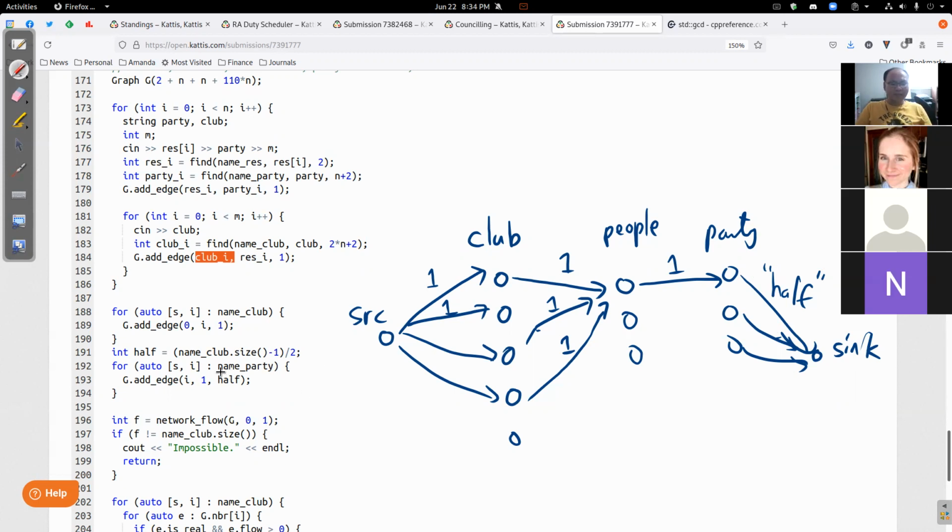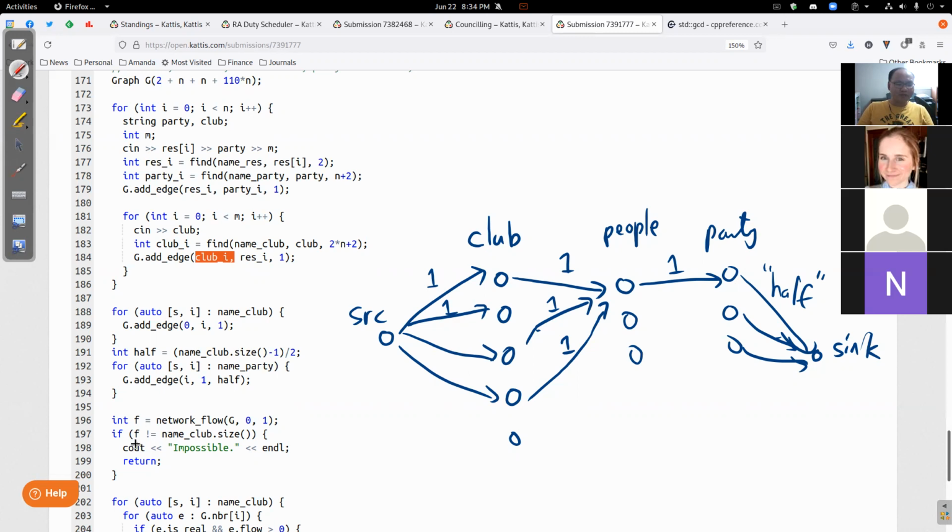And then the maximum flow would be basically the best case scenario is every club can assign somebody. But if every club assigns somebody, I would have some party that has too many representatives. So maybe that's not possible. Maybe the maximum flow actually was less than the number of clubs. In that case, that means not every club can choose a representative, and then it's impossible.